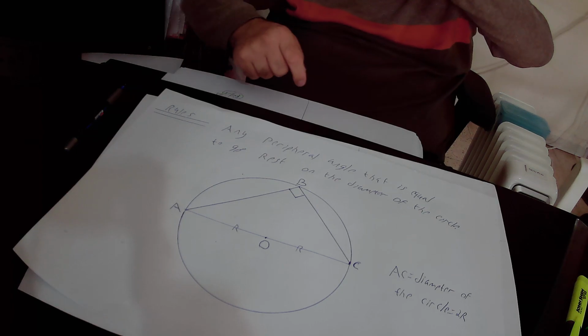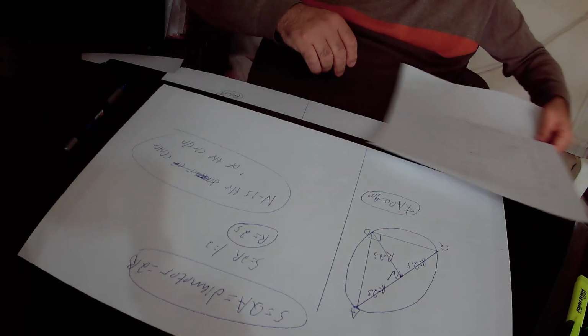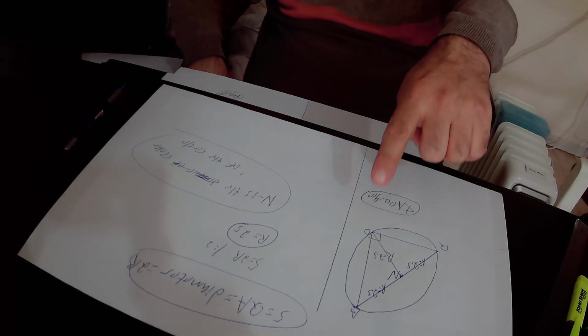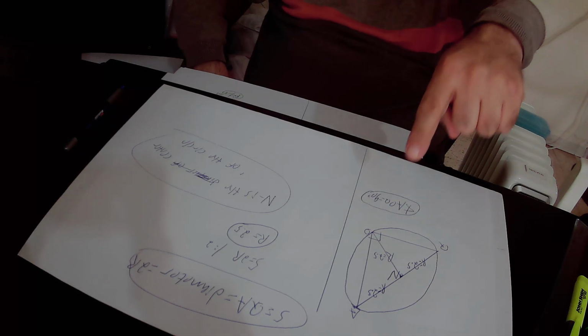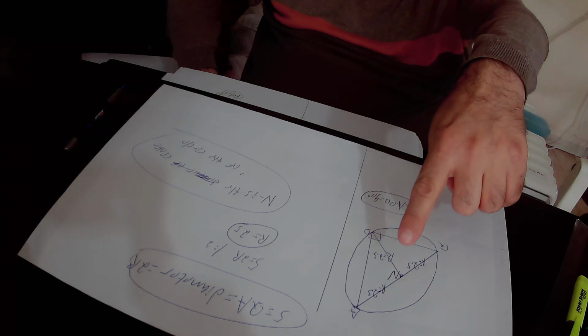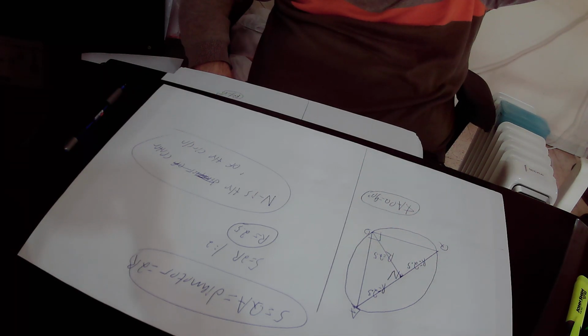So we can implement rule number 5 in our drawing. In our drawing, peripheral angle AOQ equals 90 degrees, therefore it rests on the diameter of the circle. That is to say, AQ is the diameter of the circle according to rule number 5.